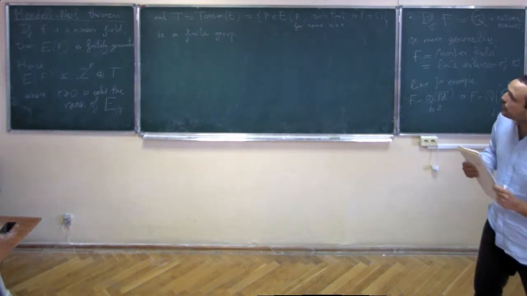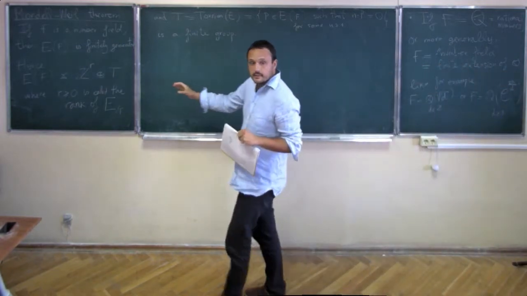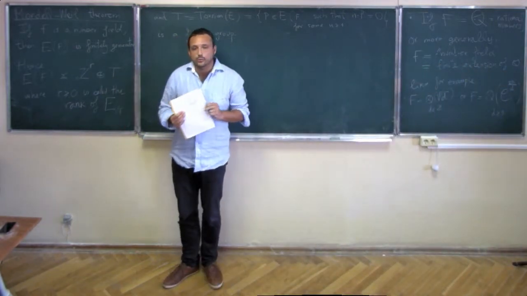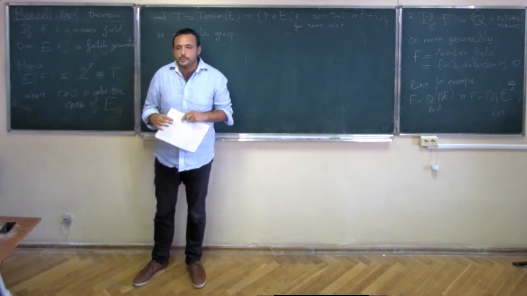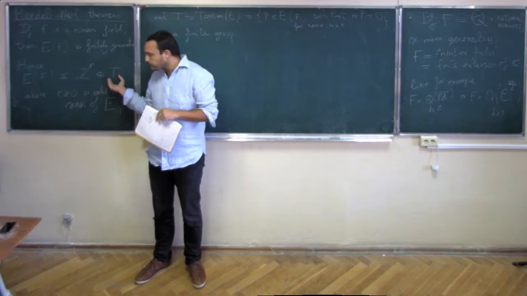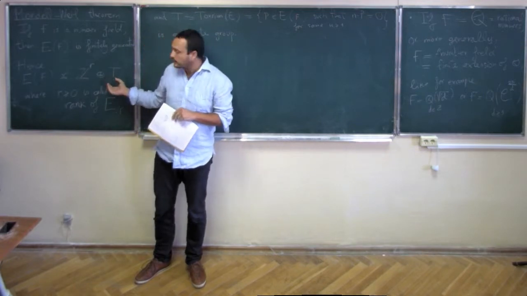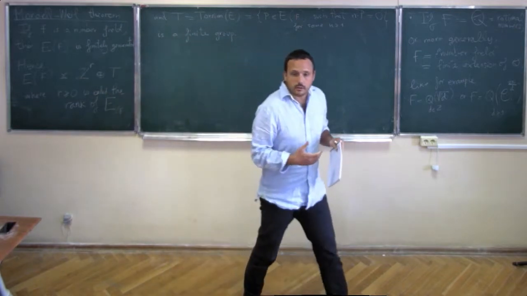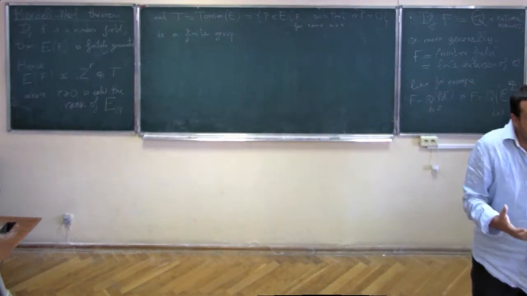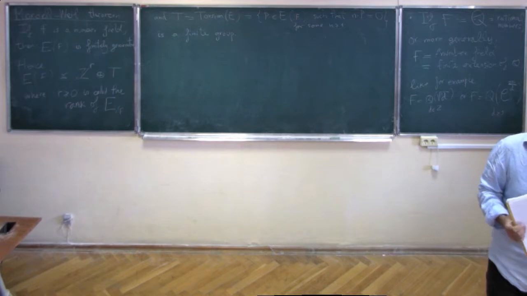Okay, so this means that in order to understand this group, there are 2 invariants that we need to be able to compute. If we are able to compute this finite group T, and we are able to compute this rank, we are done. This means that we understand perfectly well the structure of this group. Okay?